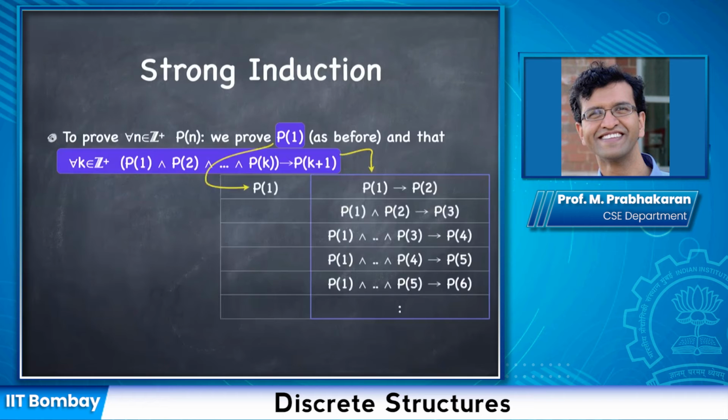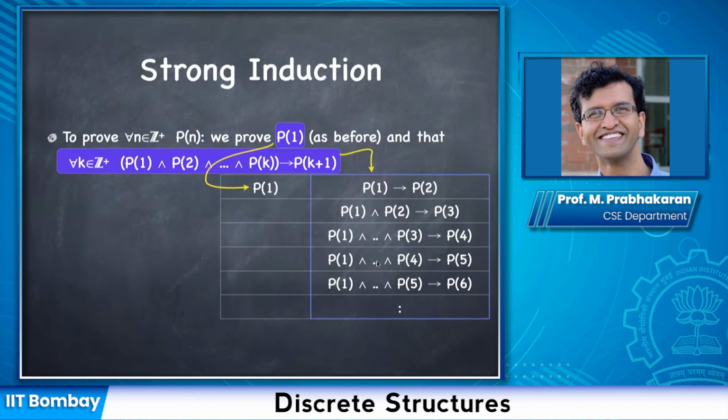So in terms of our picture, it looks a little bit like this, our program. You have proven P1, and the induction step, the first one looks the same: P1 implies P2. And the second one is not saying P2 implies P3, but P1 and P2 together implies P3. And then this one says P1 and P2 up to P3 implies P4. These are potentially slightly easier statements to prove.